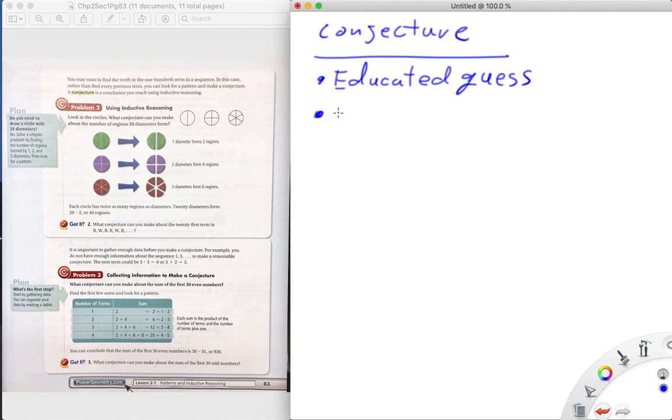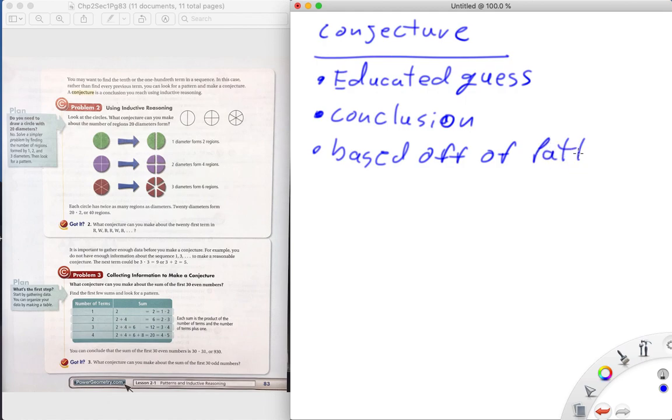The book says it's a conclusion based off of your inductive reasoning. So we look at the pattern and we can make some type of conclusion or educated guess.